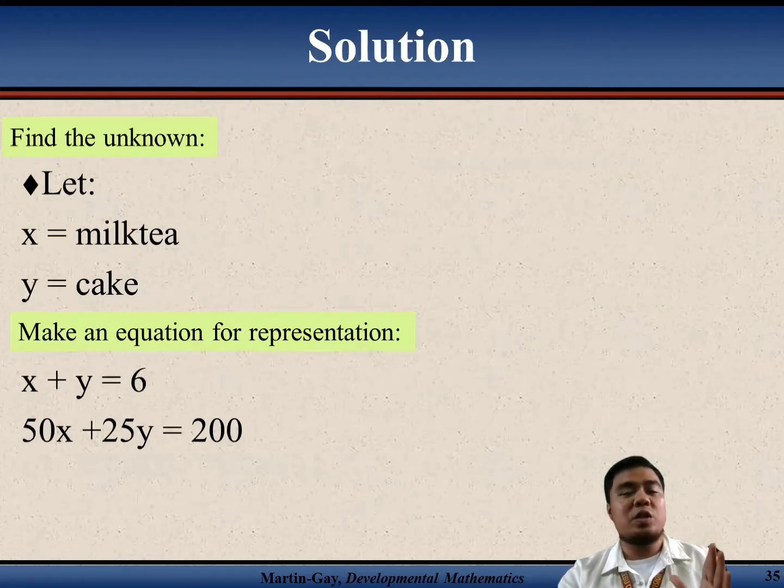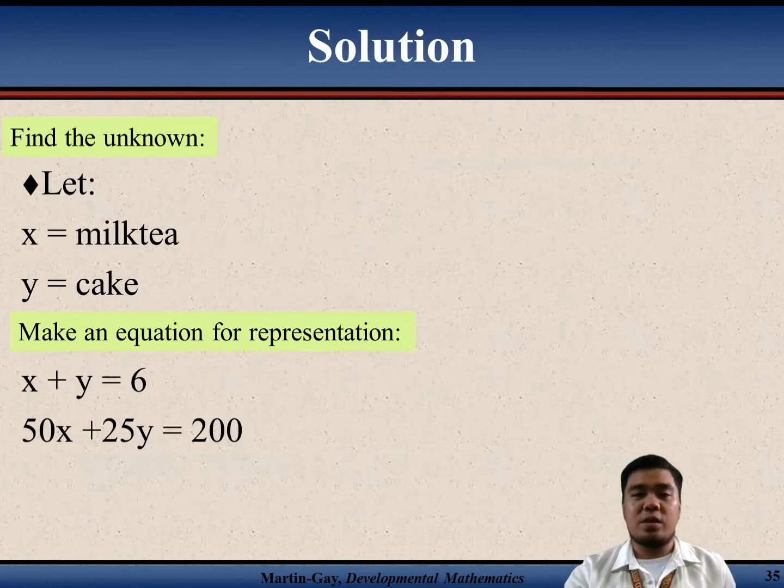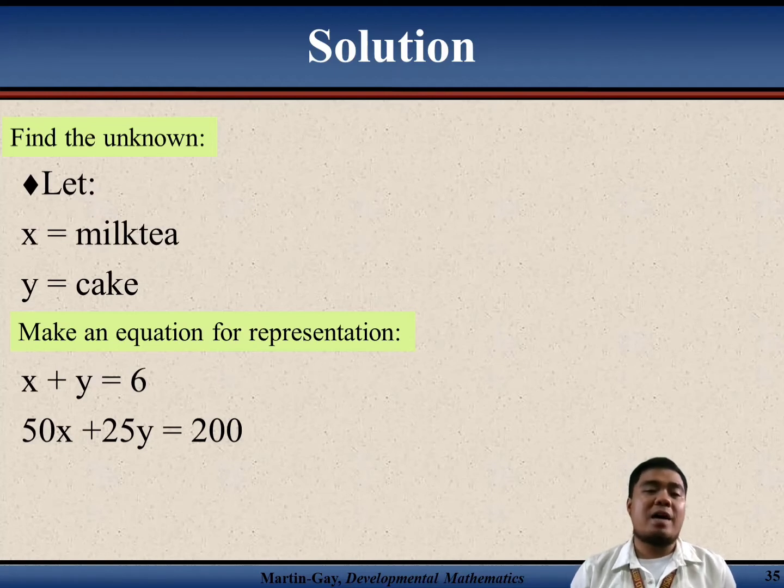As we are going to do the steps, the first important thing that you are going to consider is to identify what is unknown in the problem. Based on our problem, we are looking for the number of bottles of milk tea and the number of slices of cake Jen bought for her friends. So the purpose of having that variable, as let x be the milk tea or let x be the cake or whatever, is for representation.